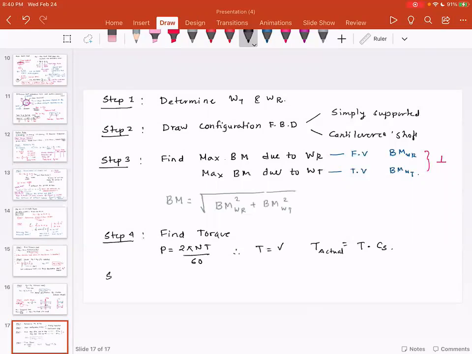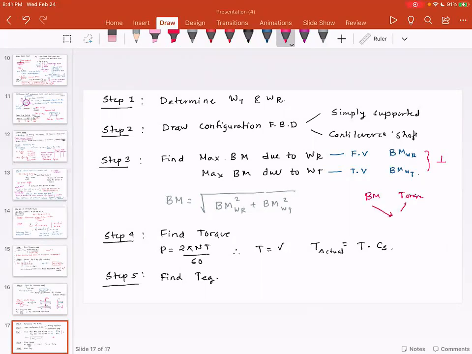Step 5 is to find the equivalent torque, which means look at this shaft. This shaft is acted on by the simultaneous action of bending moment and torque.